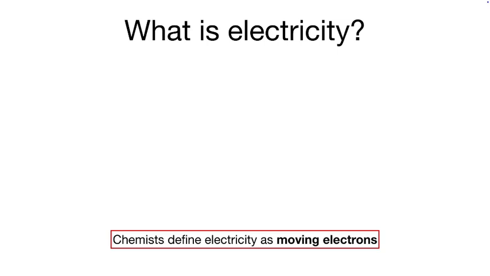And starts the whole sentence off. Chemists. You talk to a physicist, it changes. Sometimes with engineers as well, it'll change. Because what we're talking about is how ultimately charges are flowing.